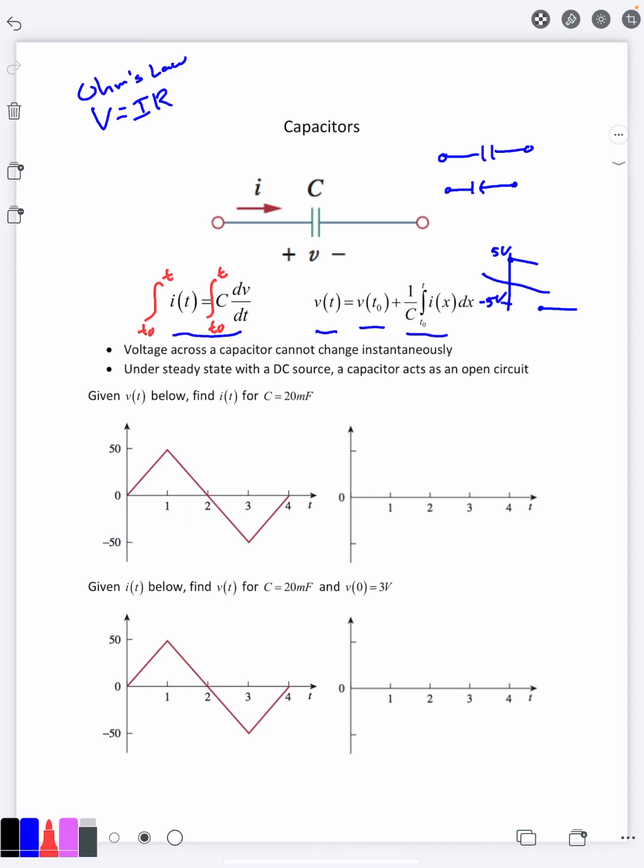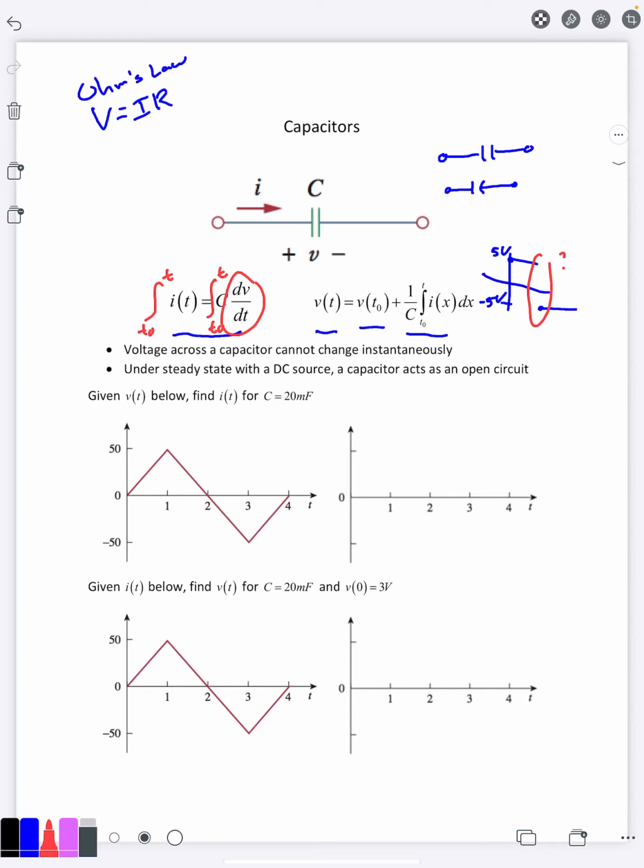One of the reasons is that the current is supposed to be the derivative of the voltage, but there is no derivative here. The derivative would be undefined, and that would not make any sense physically, and that shows you that the voltage across a capacitor cannot change instantaneously.